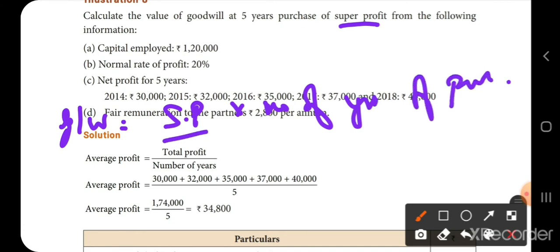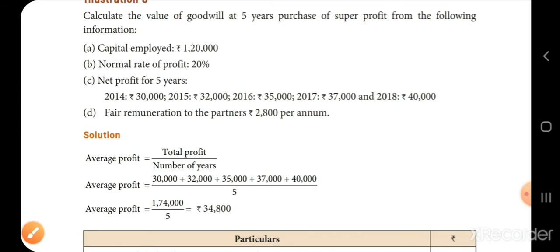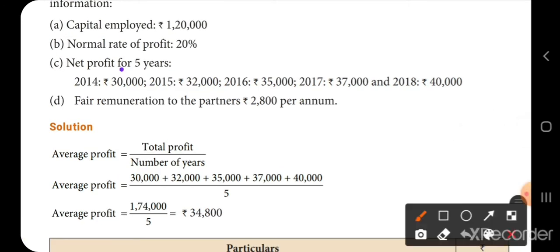Okay. Now you should know what is super profit. What is the formula for super profit? Average profit minus normal profit. Now you should calculate the average profit and also the normal profit. Average profit is 30,000 plus 32,000 plus 35,000 plus 37,000 plus 40,000 divided by the number of years, 1, 2, 3, 4, 5.